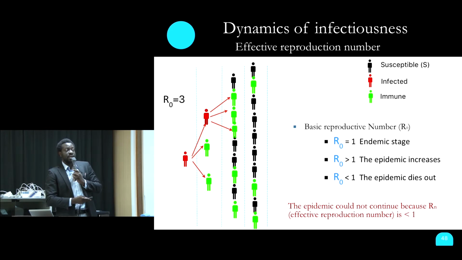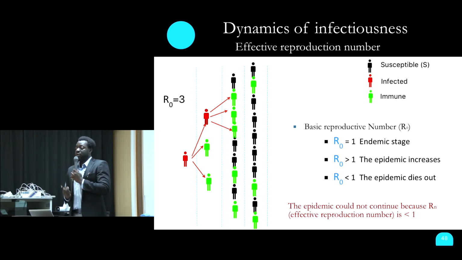It tells us that even if the R naught is more than 1, if some people in the population have immunity, the infection may or may not take off, depending on how many people in this community have immunity.